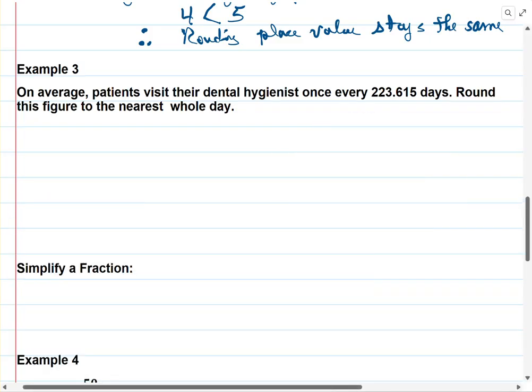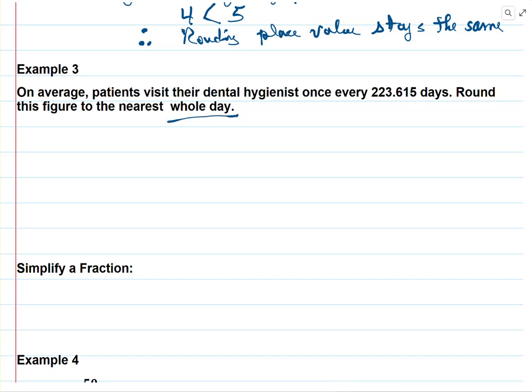And in this one, again, there's language. On average, patients visit their dental hygienist once every 223 and 615 thousandths days. Round the figure to the nearest whole day. That means we're rounding to ones. Right. So my number is 223.615.